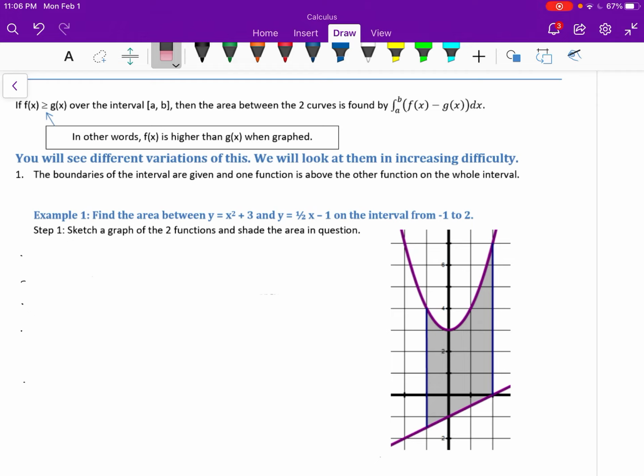And so what we want to do here is integrate from -1 to 2 of the higher function minus the lower function. Well, the higher function is the x squared plus 3, and the lower function is the 1/2 x minus 1.